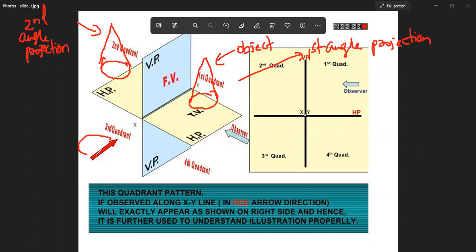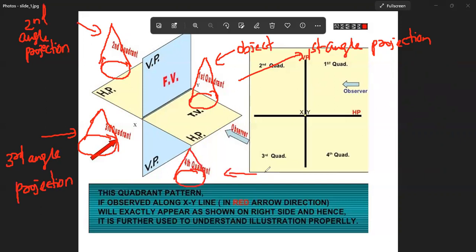And if the cone is situated in the third quadrant, then this is called a third angle projection. And if the object is situated in the fourth quadrant, then this is called a fourth angle projection.